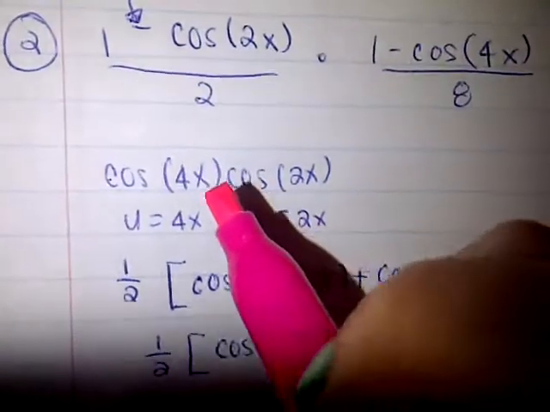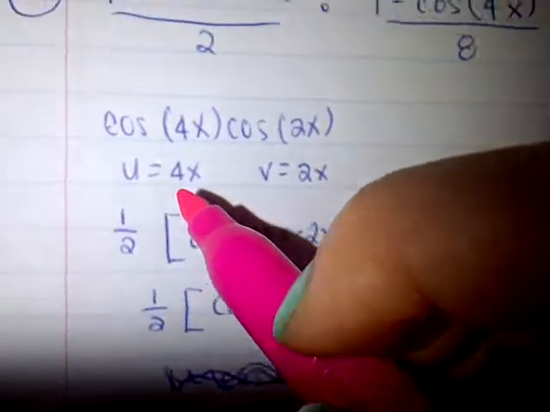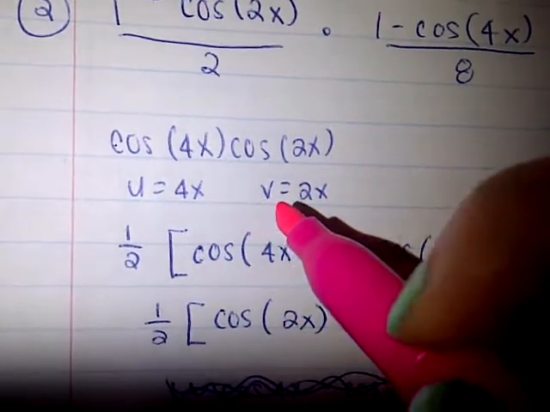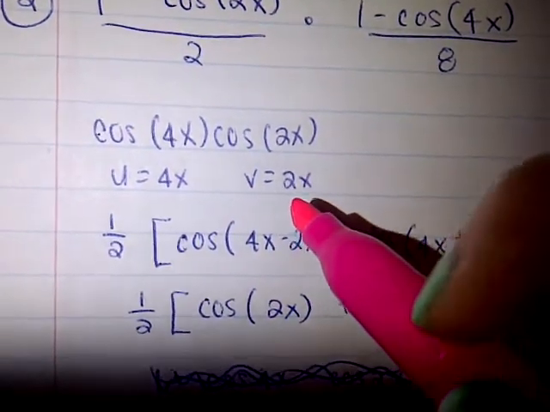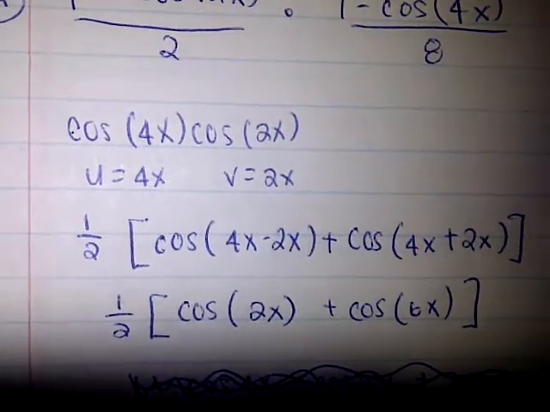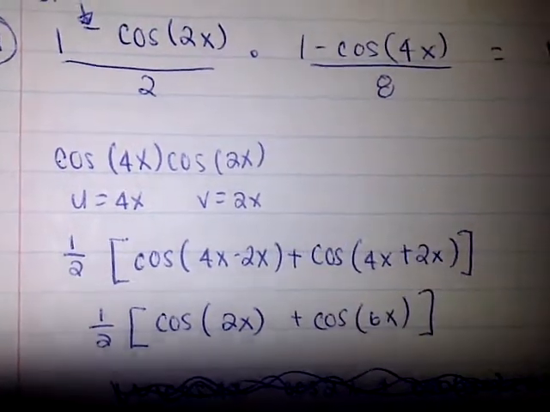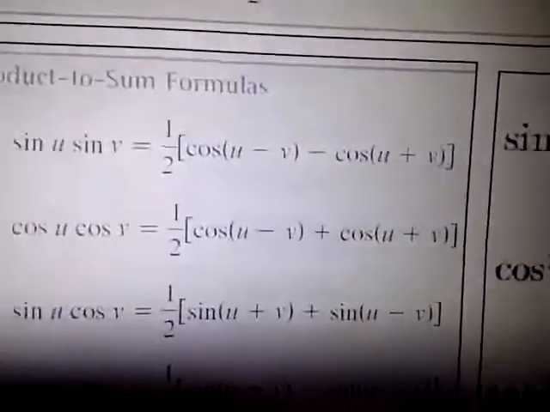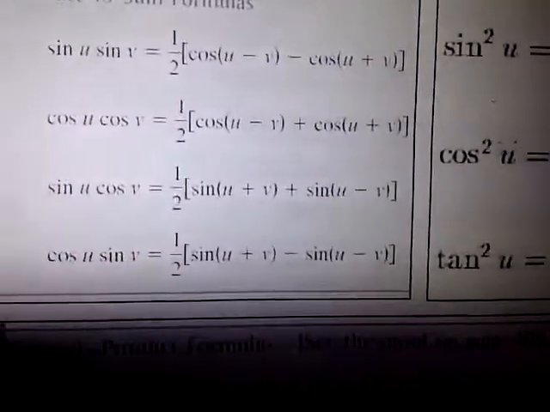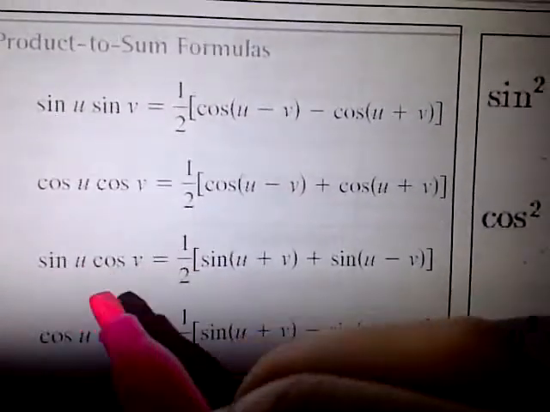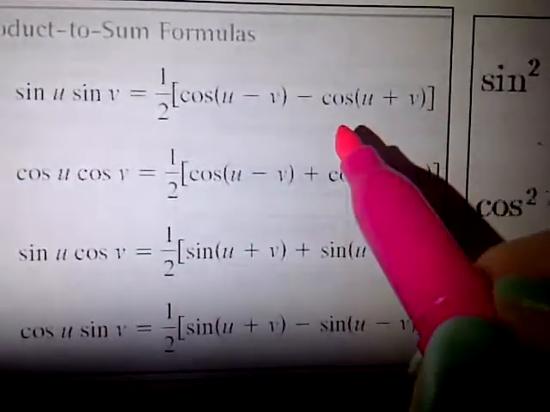So if you look at this, u is going to be equal to 4x and v is going to be equal to 2x. Now what equation do we know that has cosine times cosine from the product to sum formulas? So if you look at this, you'll see that this equation is what we are looking for.